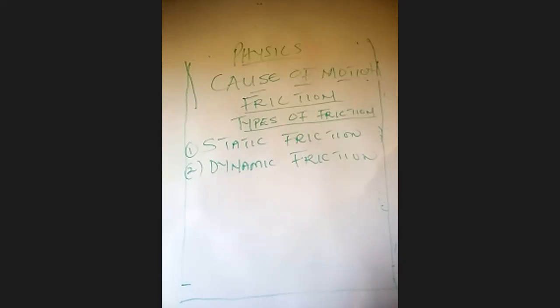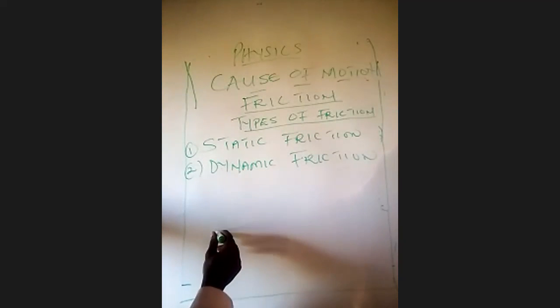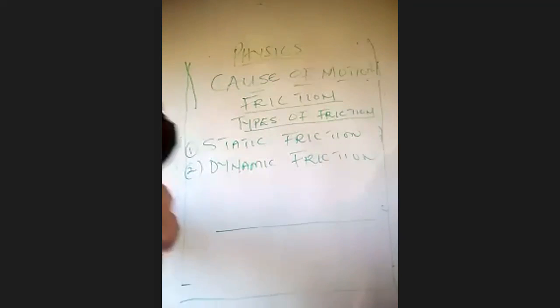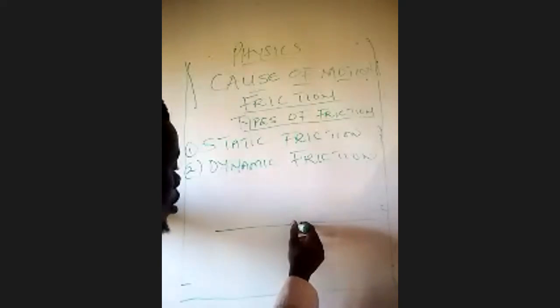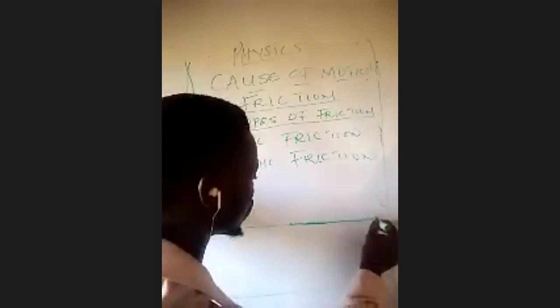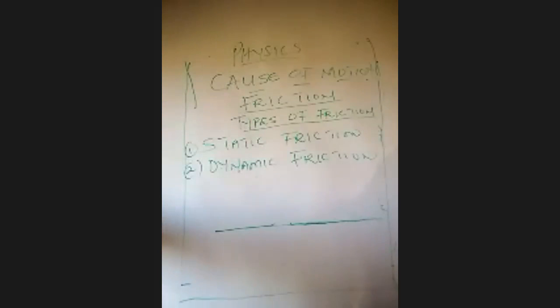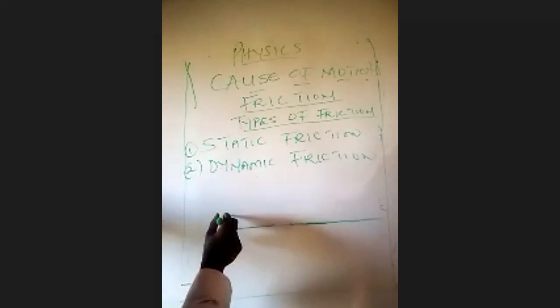Now, let me illustrate this in a diagram. I'm trying to explain something. Let's know that this is our smooth board. Let's look into the weight.